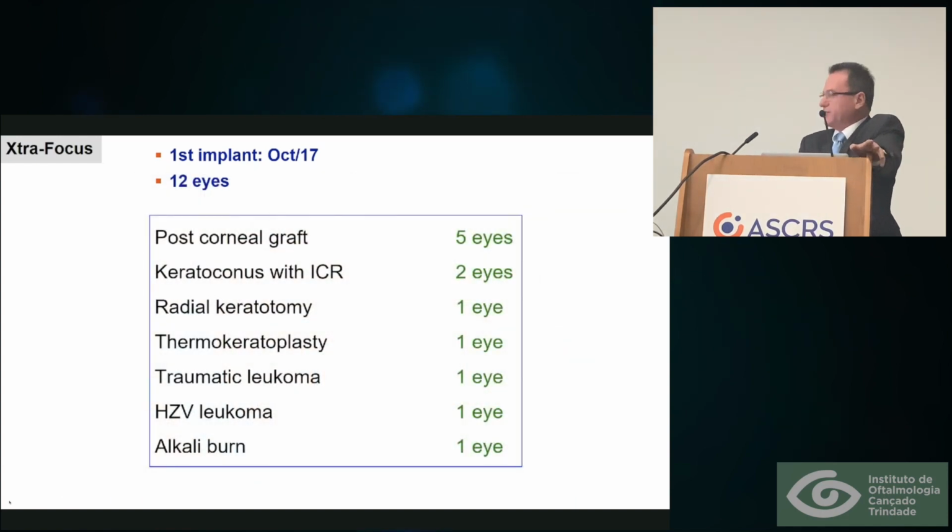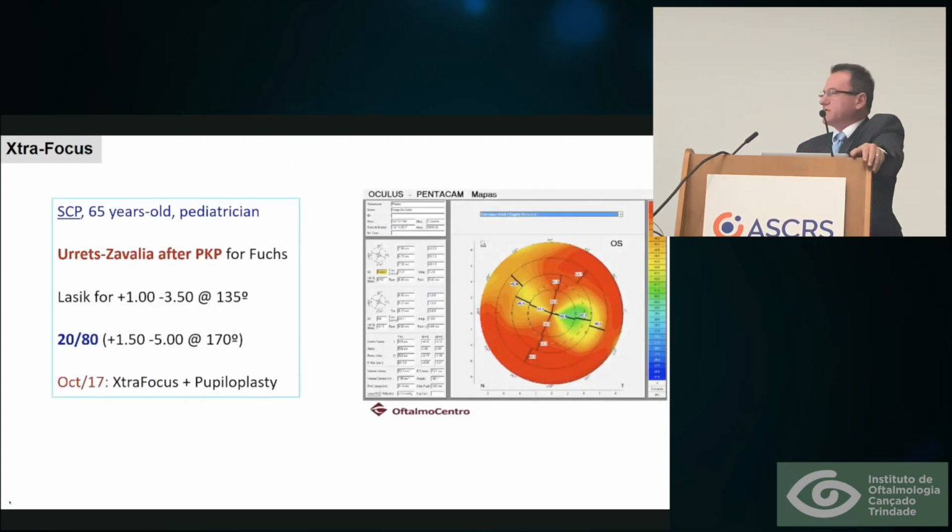My small experience is in 12 eyes, 5 post-corneal grafts and other causes. This is a patient, a colleague of ours, a pediatrician, who had uveitis-related iris damage after PKP for Fuchs dystrophy.